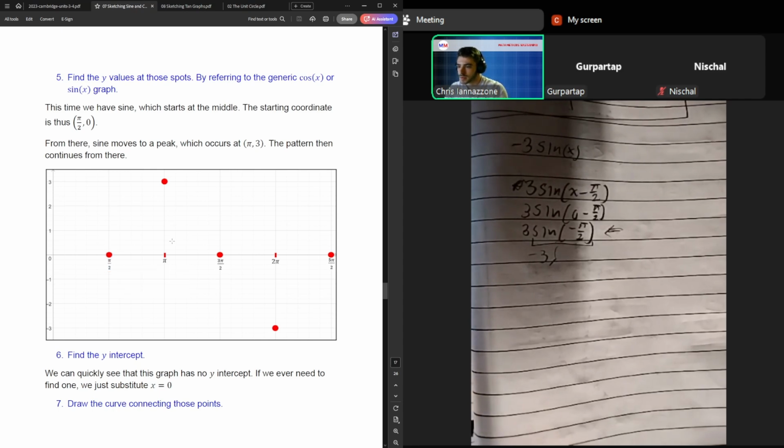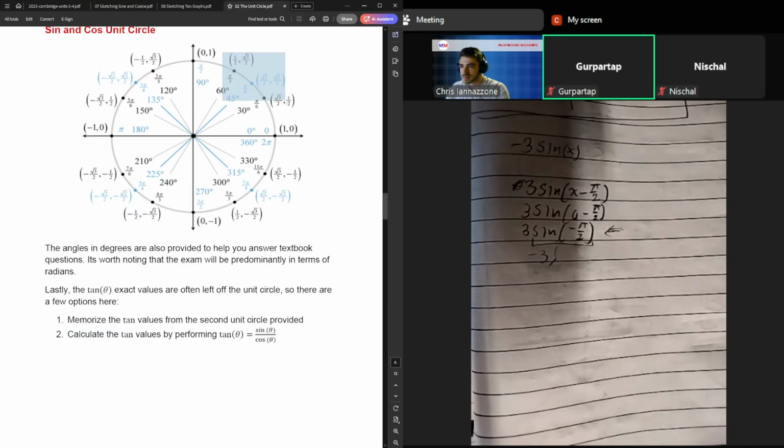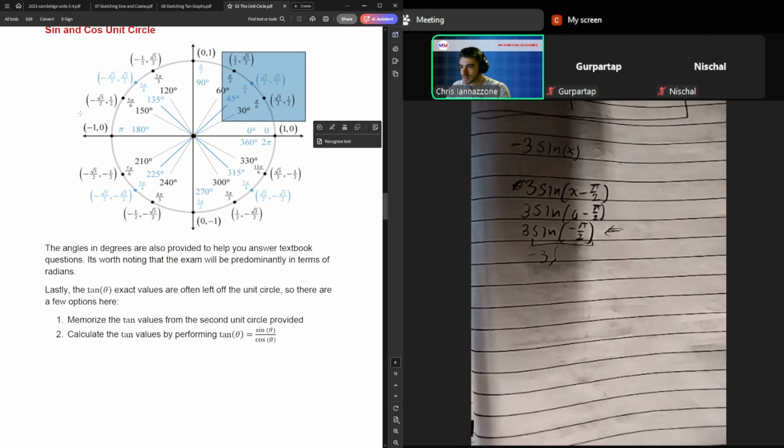And so if you think about how the pattern would work backwards, it would be middle, trough, middle, peak, middle, trough. So you've hit that negative 3 again. Cool? Might not always happen that way. Sometimes you'll get a more complicated thing. Like you might have to use any of these angles, which aren't any different really, but might be slightly more complicated.